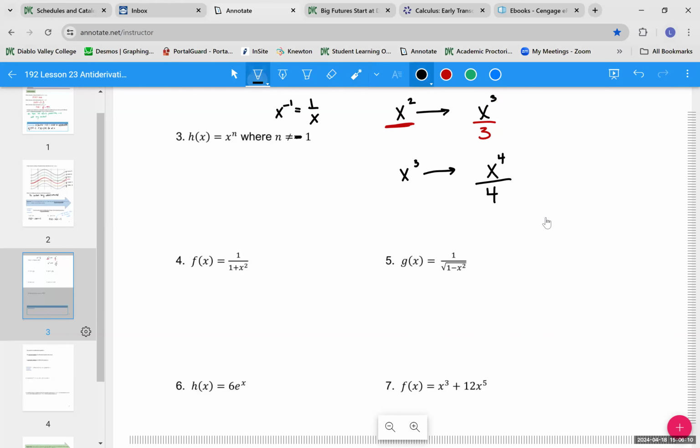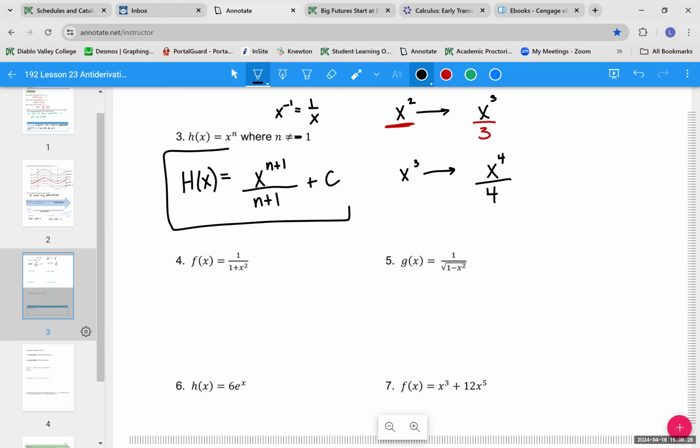It looks like my power is going up by 1, which makes sense because I'm going the opposite direction of the derivative. But then I'm also dividing by that same number. And so this is going to actually end up being a formula we'll use to do antiderivatives of x raised to a power.